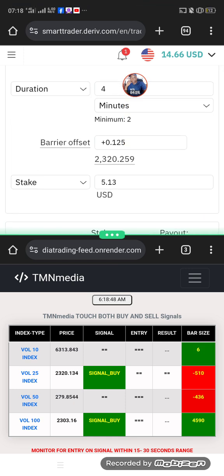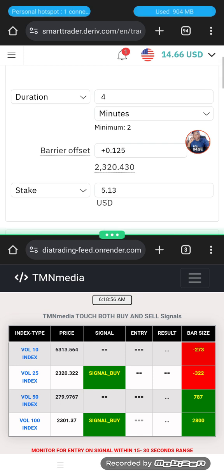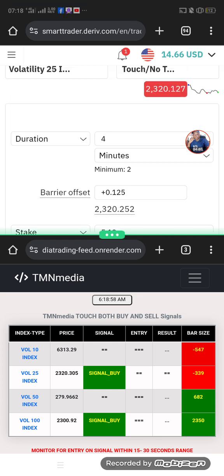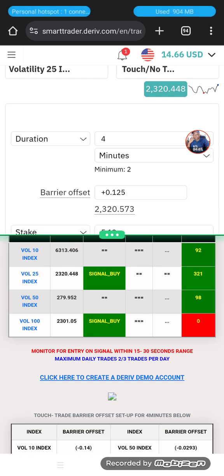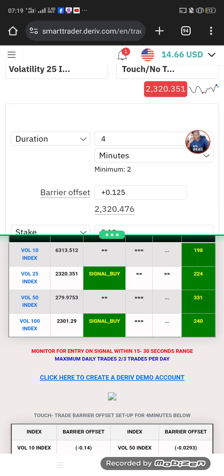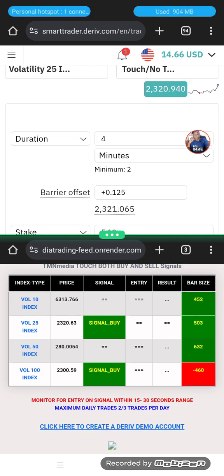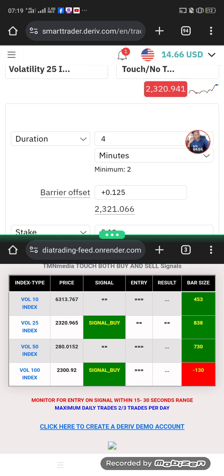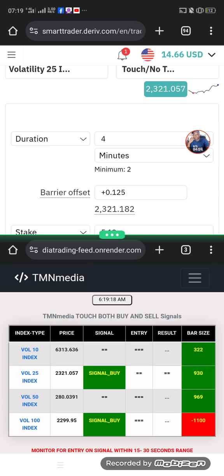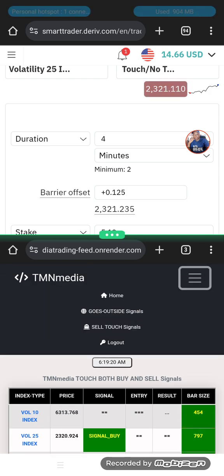Goes outside is usually like 7% or so, but touch will give you higher percentage. And then you have the option of opting out. If a trade did not pull through in the first 80 seconds, I guess I forgot to update this page.